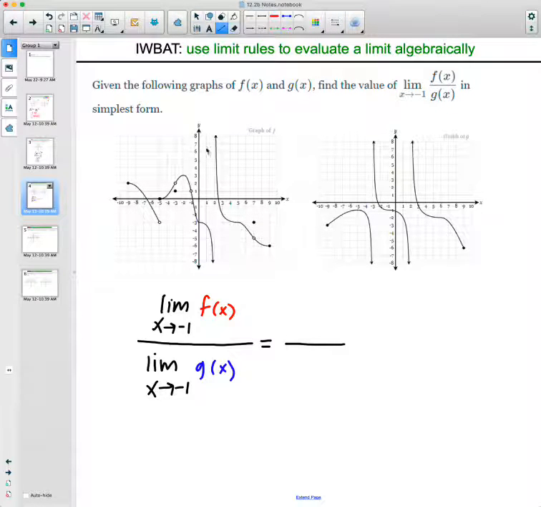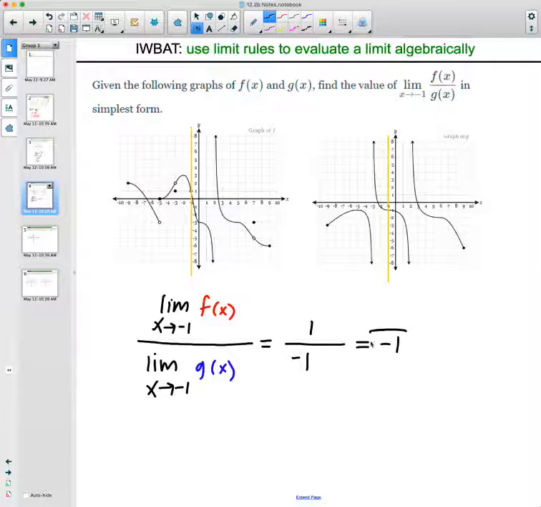The limit on the f function as x approaches -1 is 1. Even though there's a hole, both sides go towards a height of 1. And then the limit as x approaches -1 of g of x is -1. So 1 divided by -1 simplifies to -1 as our overall limit.